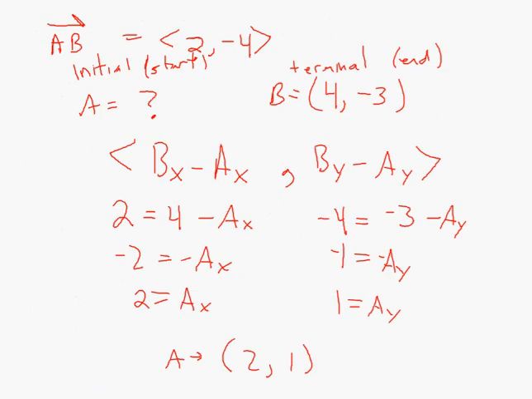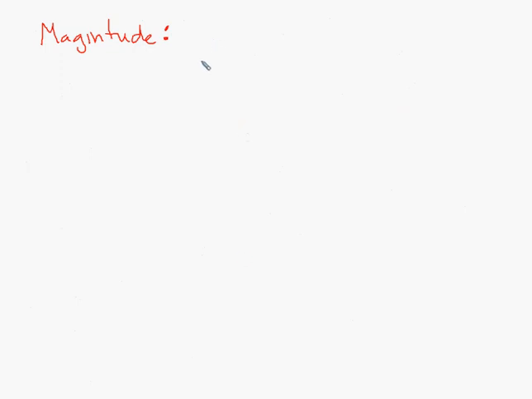Okay, so how do we do this? The magnitude of a vector is going to be the square root of its x component squared plus its y component squared.